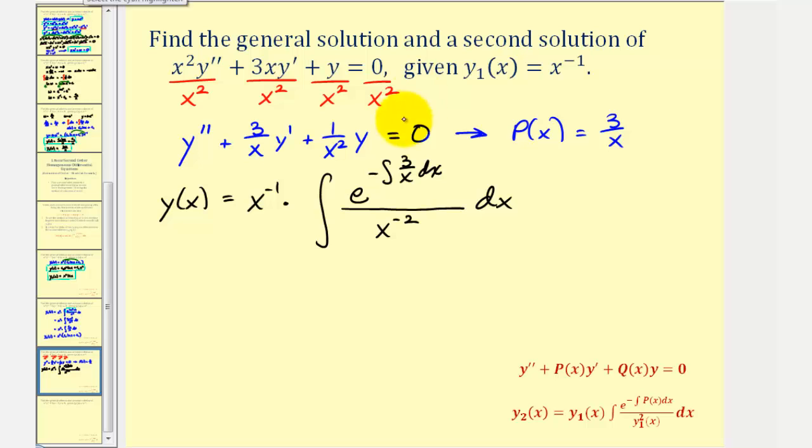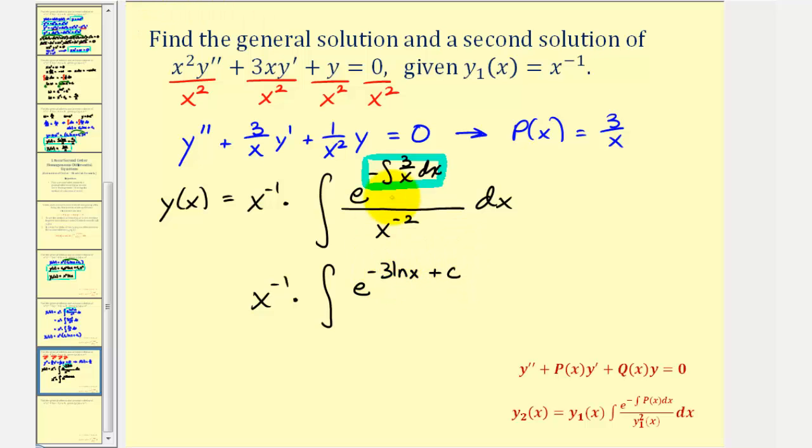Now for the first step, let's focus on this integral here. This would be negative 3 natural log x plus a constant c. So now we have x to the power of negative 1 times the integral of e raised to the power of negative 3 natural log x plus a constant c.